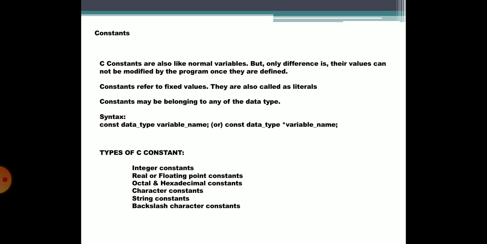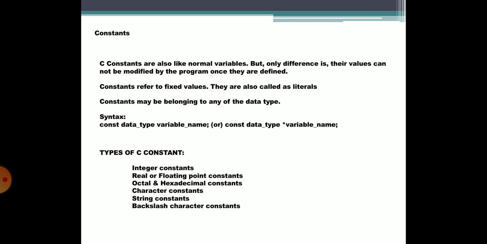There are different types of constants: integer constants, real or floating point constants, octal and hexadecimal constants, character constants, string constants, and backslash character constants. An integer constant refers to a sequence of digits.